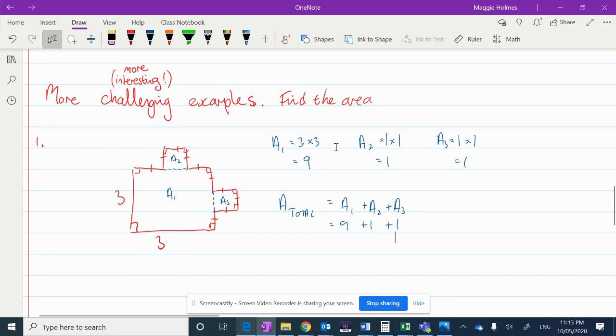You're going to want to label each of your different sections of working, and you're going to want to have those in your top line and then put their values in the second line, and then only in your last line do you just have numbers. So we've got 11, and we're going to call it square units, or you can say units squared, like that.